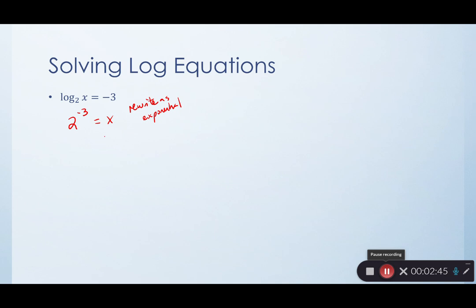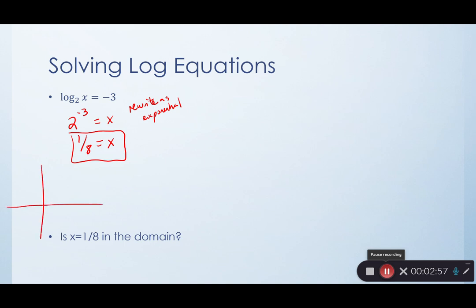And then we know what x is equal to, right? What is 2 to the -3? That is 1/8. And all we've got to make sure is 1/8 is in the domain for logarithm. So we remember what logs look like, right? The graph of the log goes like that, and its domain is all positive numbers. So yes, 1/8 is in the domain.